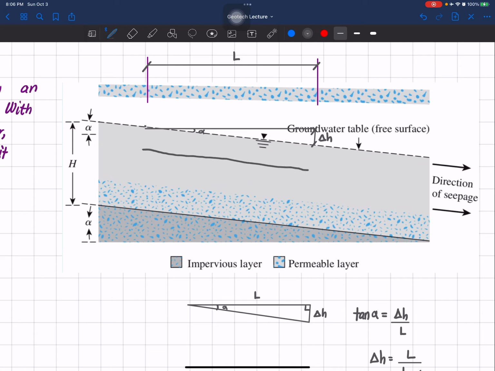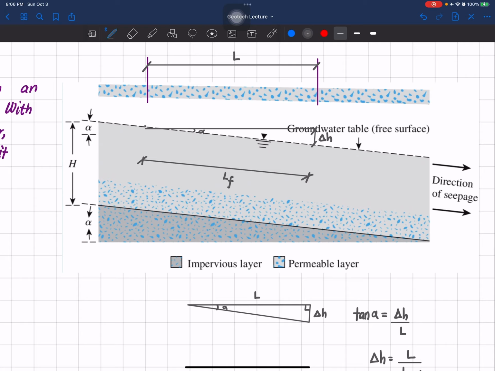Since it should be parallel to the direction of the flow, ganyan siya. So, I think it's parallel naman na. So, naka-slant yan, guys. This is your LF. Okay? So, dahil naka-slant yung ating flow, naka-slant din yung length of flow natin in between the two piezometers. Okay? So, that will now be our LF.